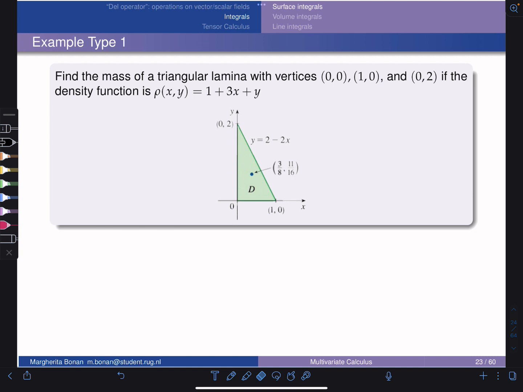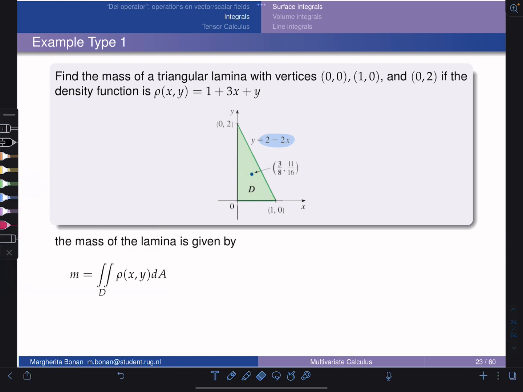The density function of the lamina is given by 1 plus 3x plus y. We have a drawing here. In this drawing, we can note that the region is of type 1, since the bounds depend only on x, and then we can proceed to find the mass.